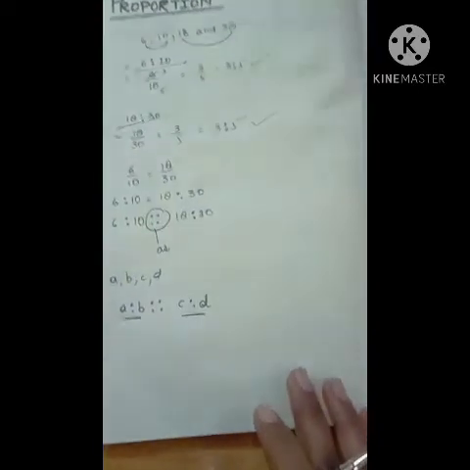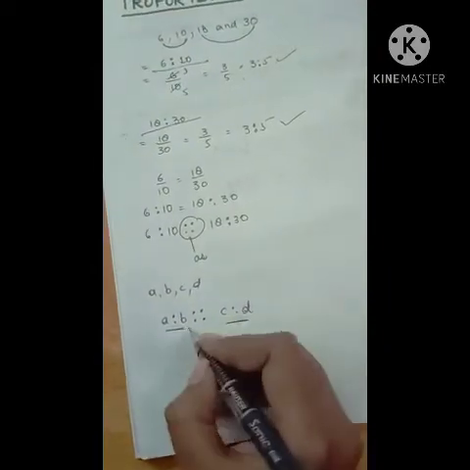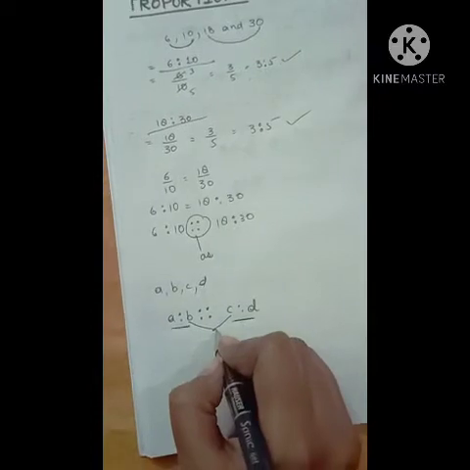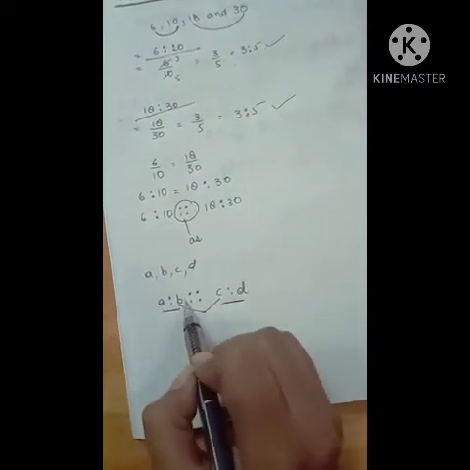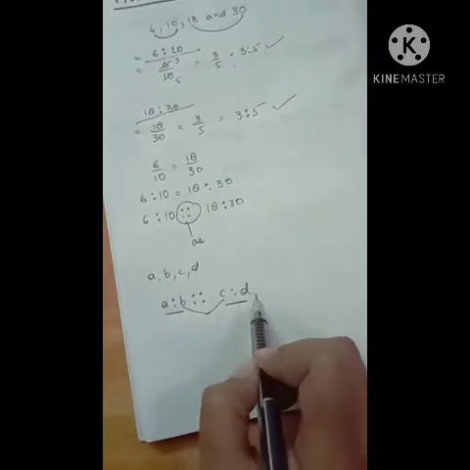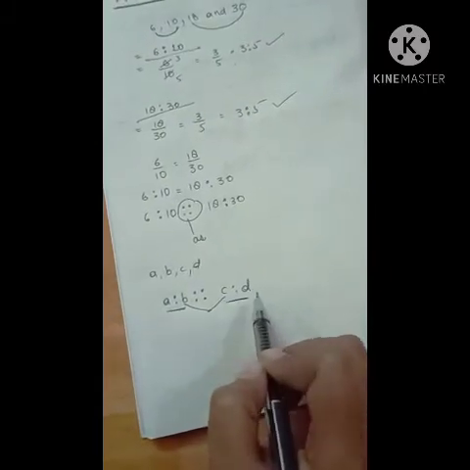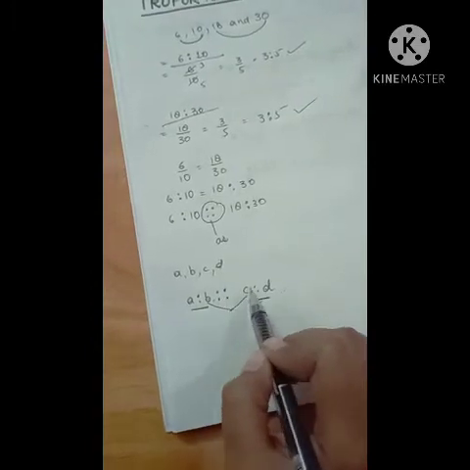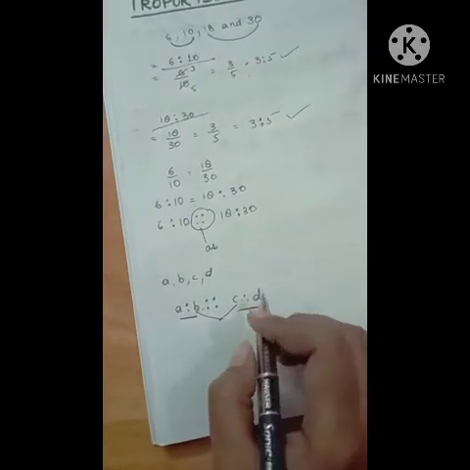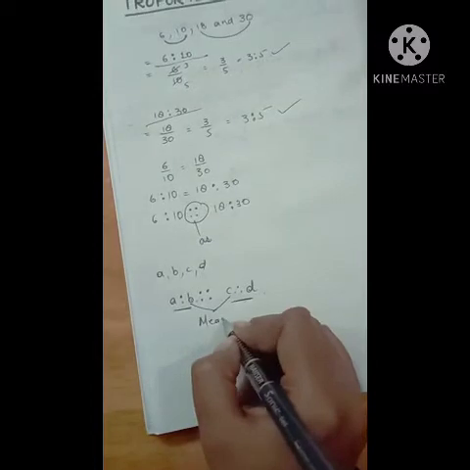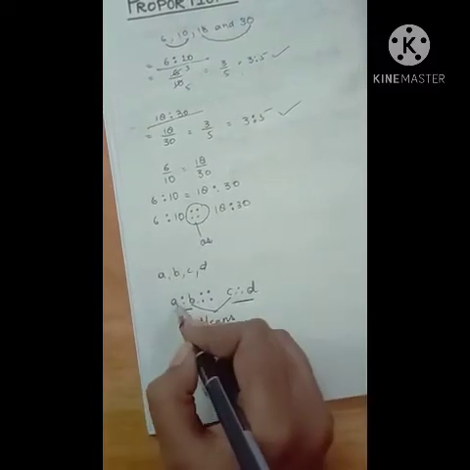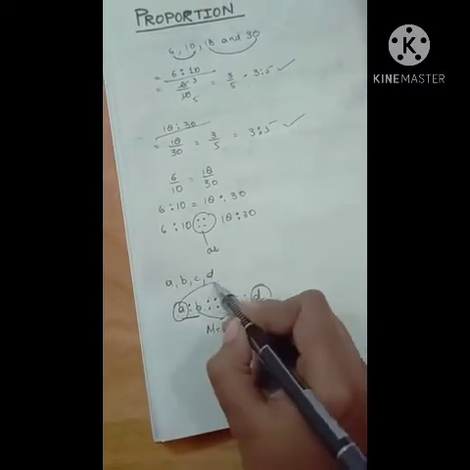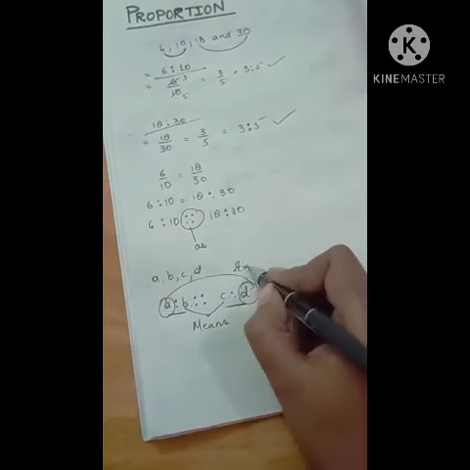So here A, B, C and D, this is the first term, this is the second term, this is the third and this is the fourth. And the two terms which are in between are known as means. And the two terms which are at the corners are extremes.